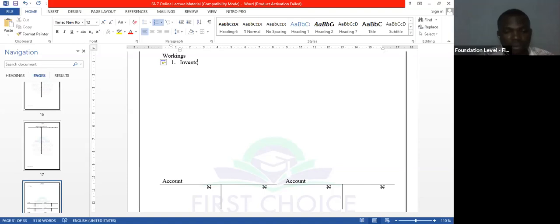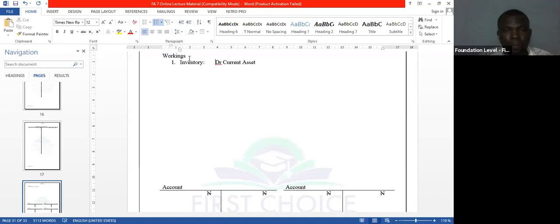So for inventory, what do we do? You debit your current asset, and the second leg will be to credit your cost of sales.